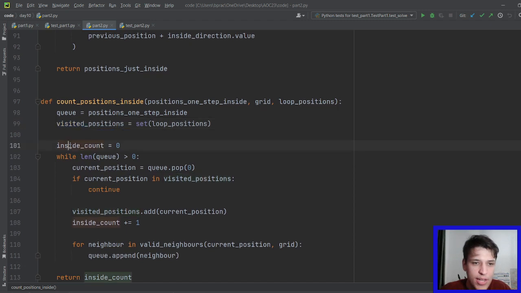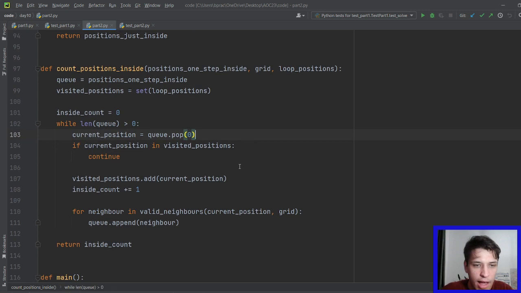So we don't want to consider any position that's part of the loop anymore. Then we start with a count of 0, and while there's something in the queue, we get the current position from the queue. If the current position is already visited or part of the loop, we are not interested, we continue.